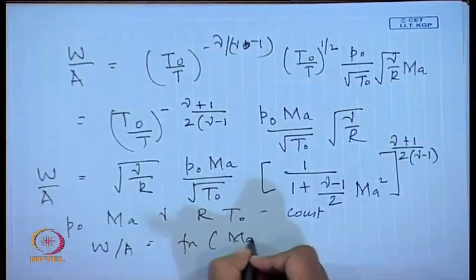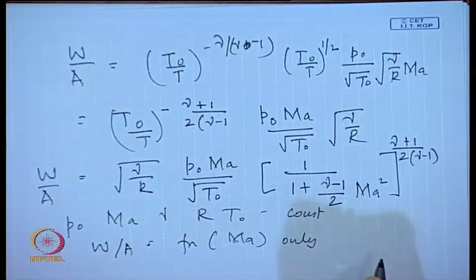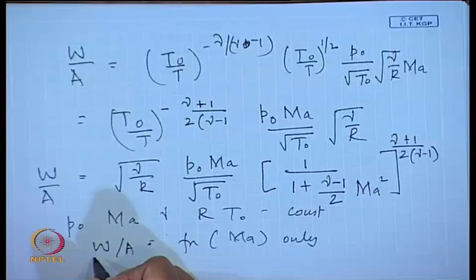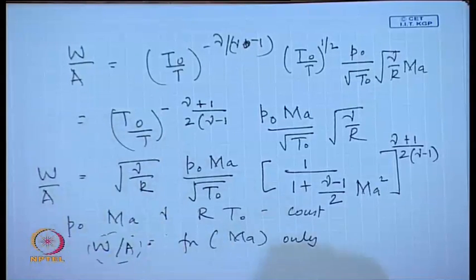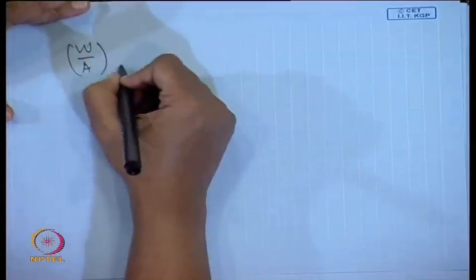Okay. So, therefore, we know W by A, this is a function of Mach number only, it does not depend on anything. Okay. So, therefore, by varying Mach number we can vary this, and under what condition will we get a maximum of W by A, or under what condition do we expect to get W by A max?